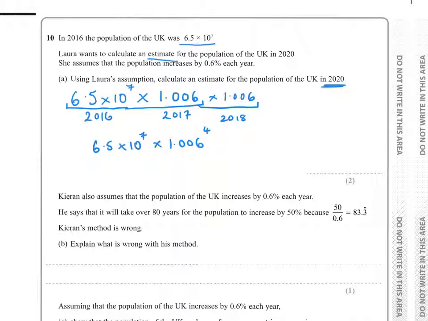So on the calculator, let's have a look what that gives us. So we've got 6.5 times 10 to the power 7 times 1.006 to the power 4. So on the calculator I had the following.